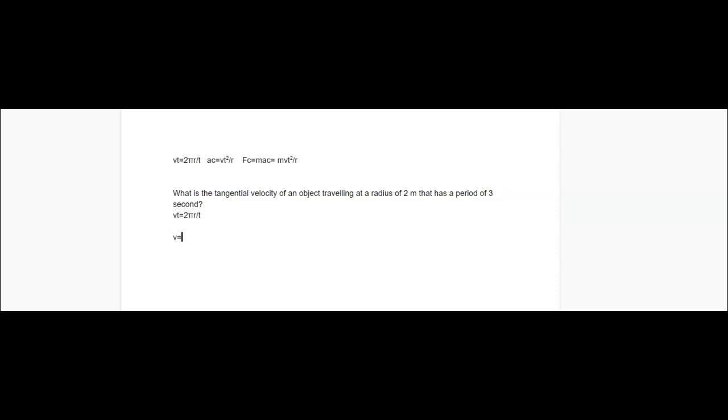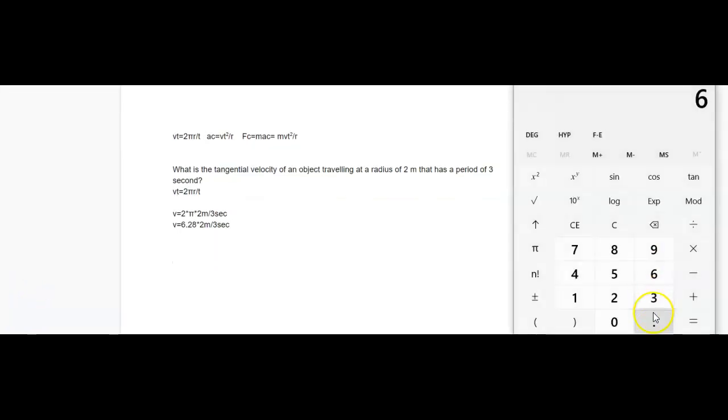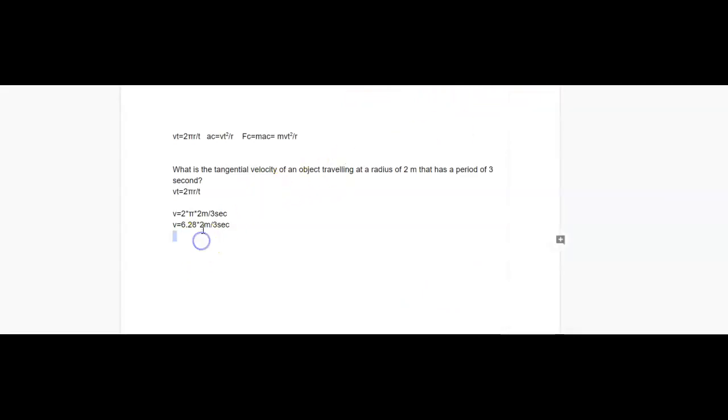The formula goes from v equals 2 pi r divided by t to 2 times pi times 2 meters divided by 3 seconds. 2 times pi is 6.28, times 2, divided by 3, and I get about 4.2 meters per second.